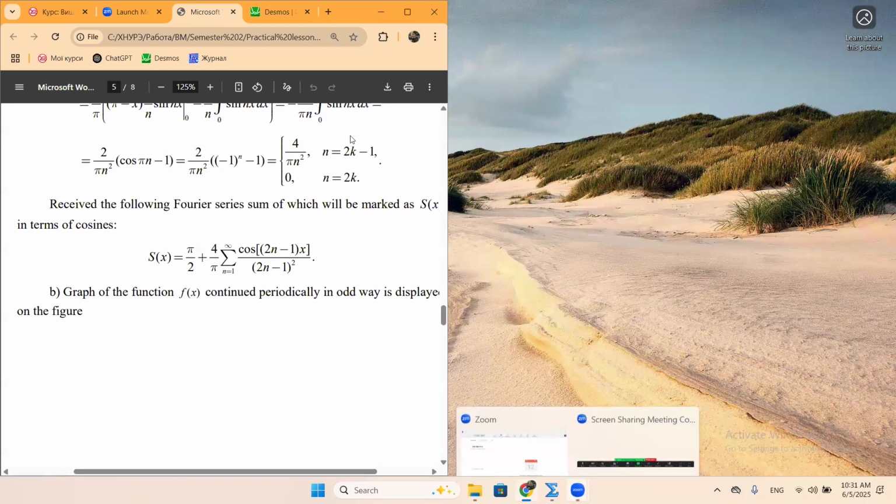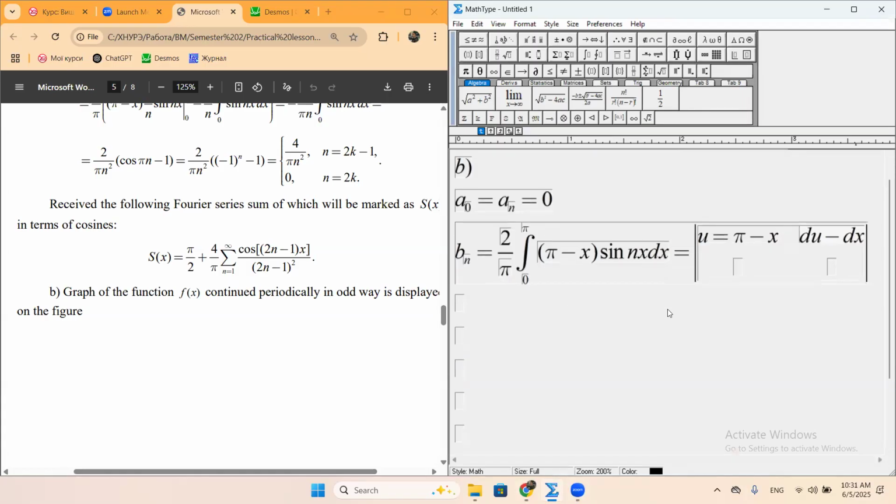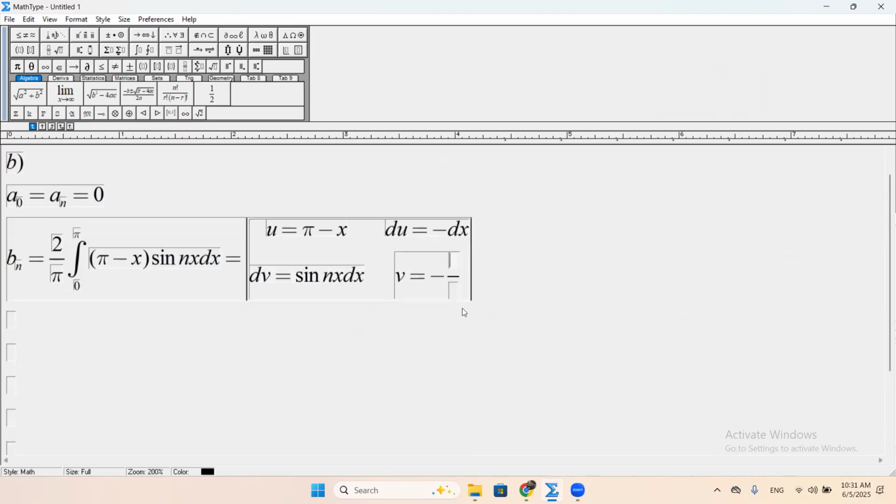But yeah, so the result here, there must be a plus before the sum, so it was my bad. Okay, so du equals minus dx, then dv equals sine of nx dx, so v equals minus 1 over n cosine of nx.